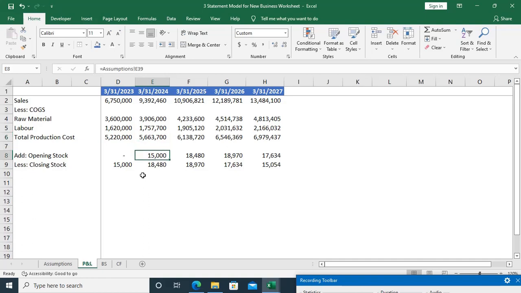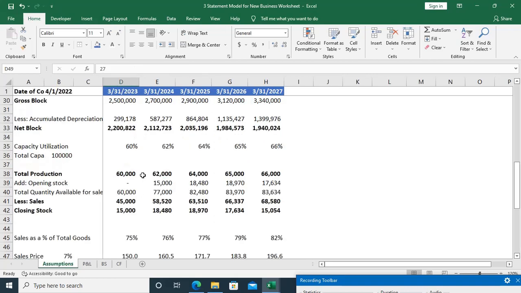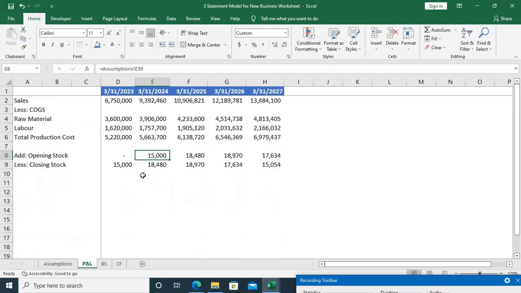So for this thing, this is the assumption we have taken for opening stock. Now in order to get the value of it, this opening stock contains the price of this thing, right?